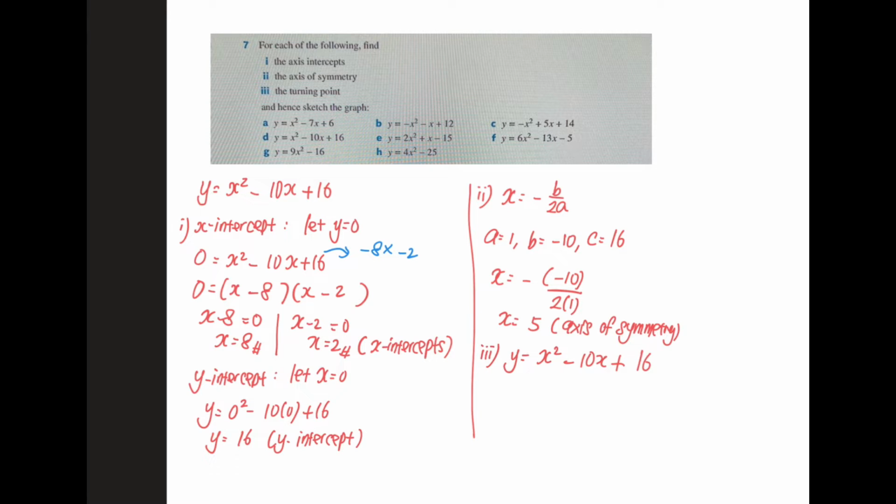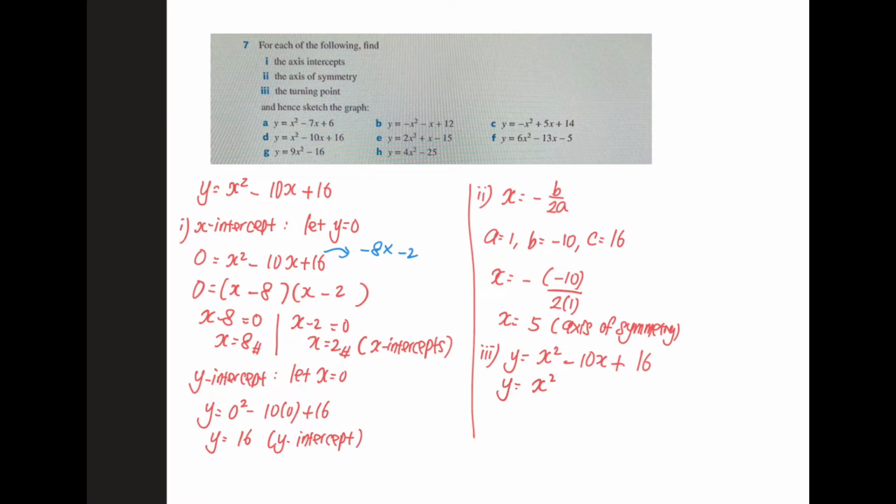We have to make sure that in front of x squared it is 1. If it's 1, then we can start completing the square without needing to factorize. If there is any number in front, then you have to factorize it first.